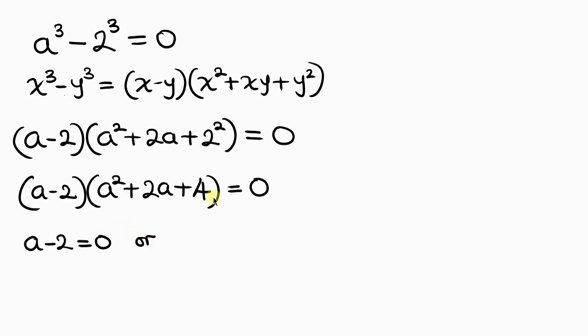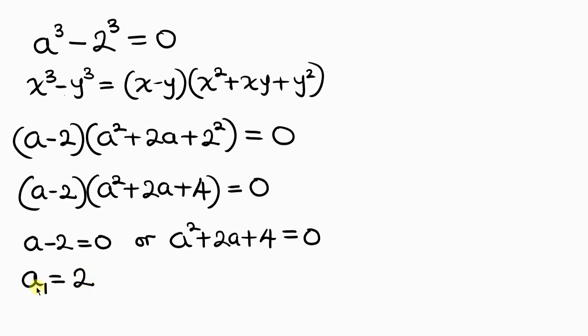Or for the second case, a squared plus 2a plus 4 is equal to 0. So we can easily get the solution to a from the first case by moving negative 2 to the right hand side. So a now becomes, as negative 2 crosses to the right, it becomes positive 2. So we have the first real solution of a.